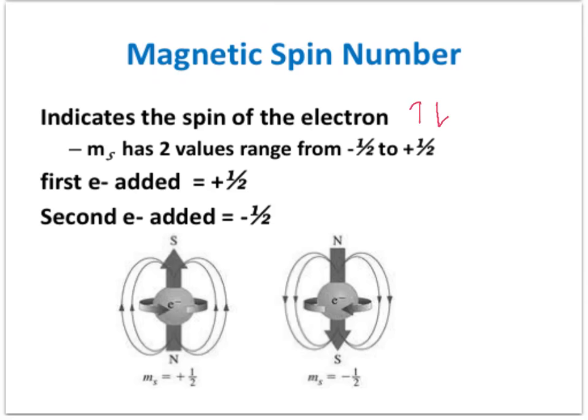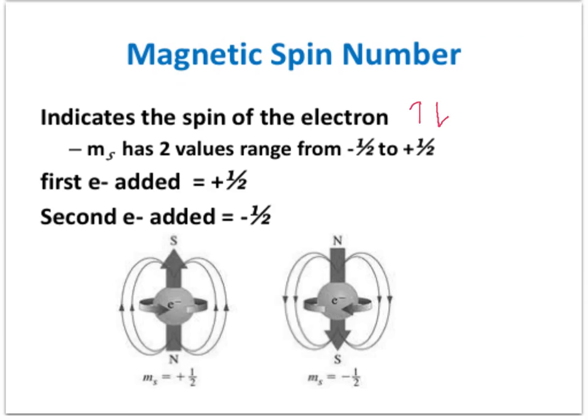Remember, no 2 electrons in the same orbital could have the same spin or the same 4 quantum numbers, Pauli's principle. Or we talk about Hund's rule. Orbitals are half filled, and electrons are added with parallel spins before the orbital is filled.